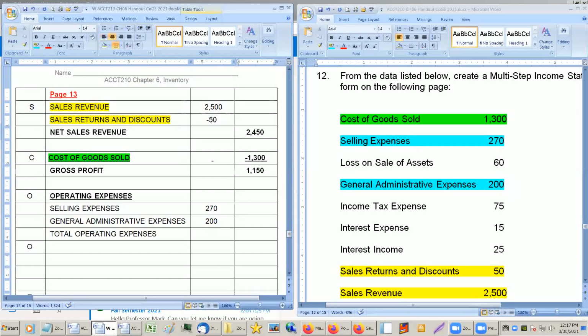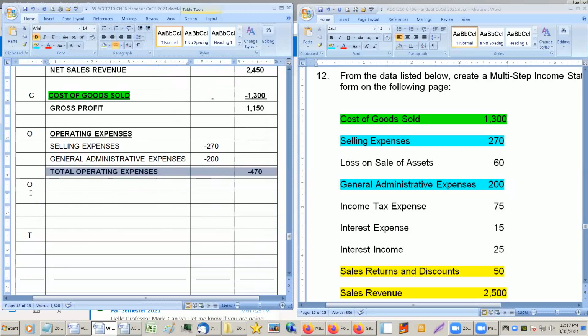What is that? 470. And these are actually money going out. All right, so this will be our total operating expenses. And I need to move these down. Let's take them out completely.